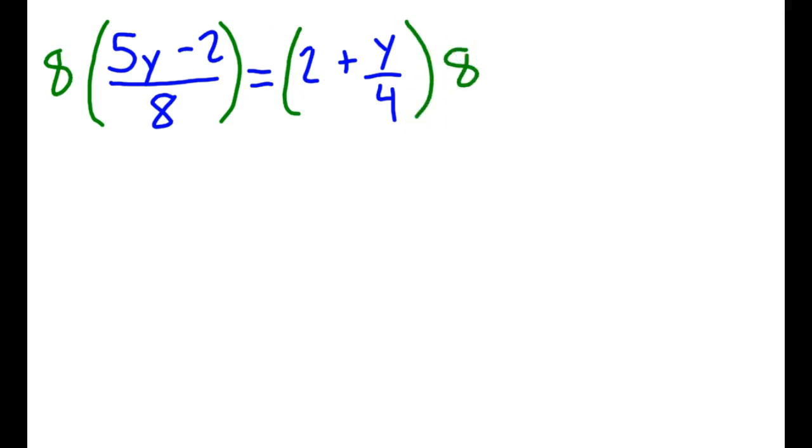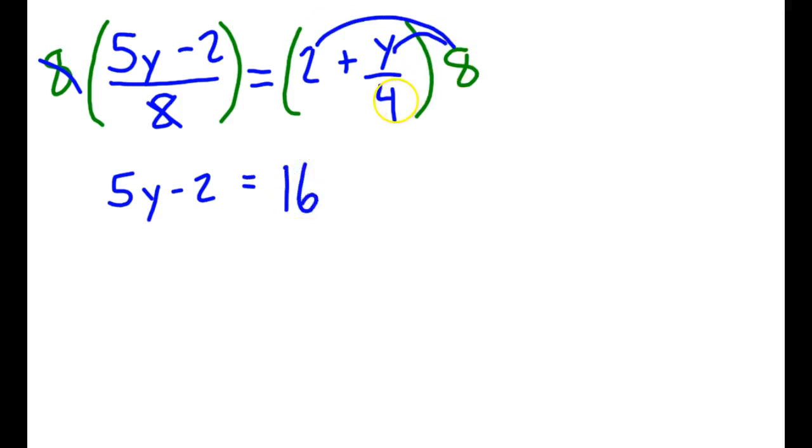As long as I'm doing the same operation to both sides of the equation, we're alright. 8 divided by 8 cancels out. We're left with 5y minus 2 equal to, now if I distribute, 2 times 8 is 16. 8 divided by 4 is 2. 2 times y. We're left with 16 plus 2y.